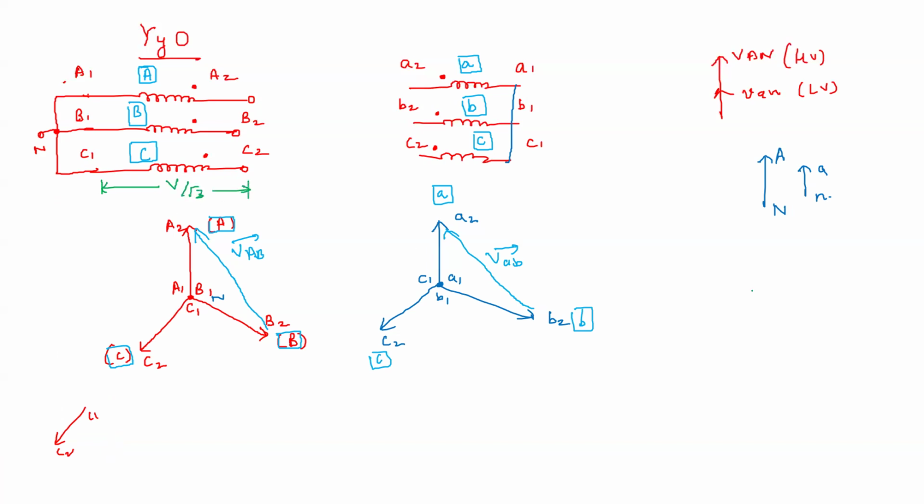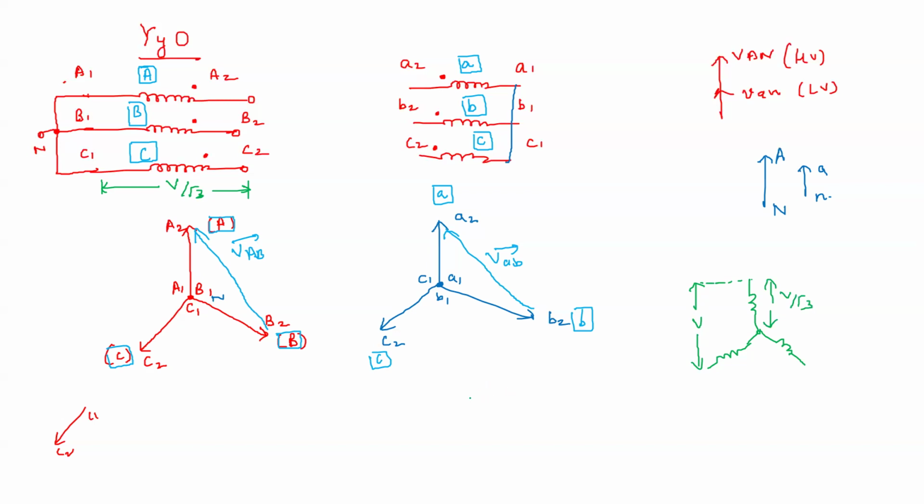This is your star connection. Star connection is like this. If you are applying V here, this becomes V by root 3. So all these things I am writing down here.